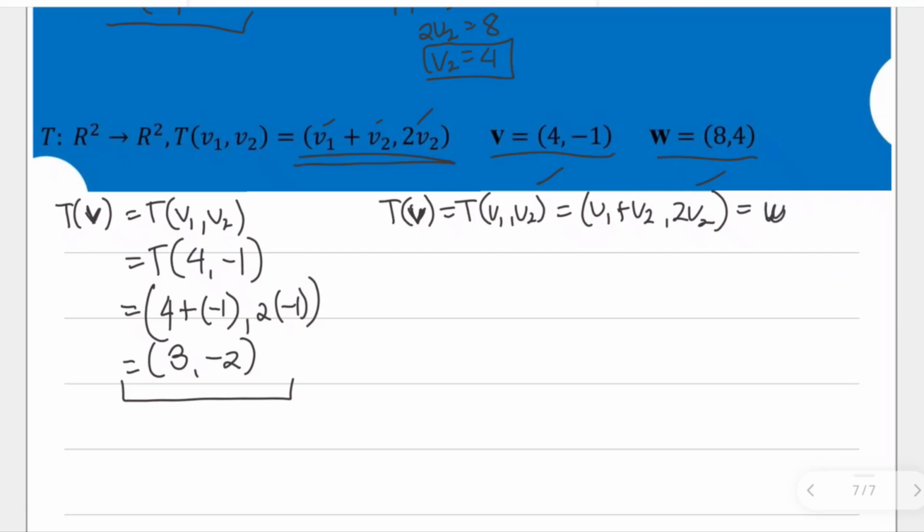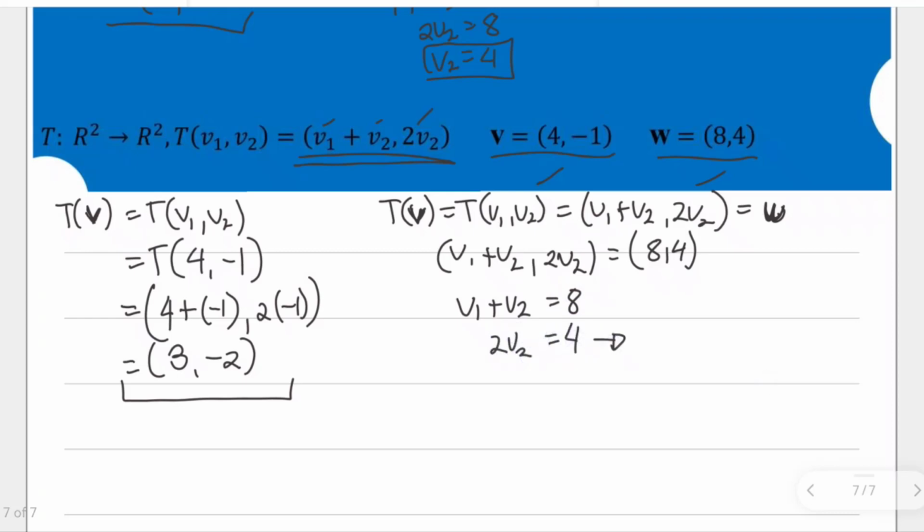When it's equal to your vector w, we simply use here the values v sub 1 plus v sub 2 and then twice v sub 2 equal to your vector w, which is 8 and 4. Equating it, v sub 1 plus v sub 2 is 8. Twice v sub 2 is 4.